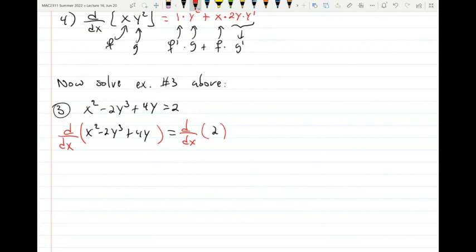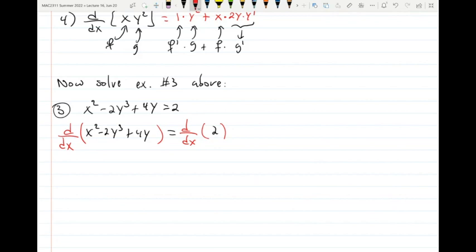Do you understand this? Now, the left side is an exercise like the ones that we have been doing. The right side is also an exercise. When you compute this, you're going to have another equation, with y primes in it. Then what you do is solve for y prime. If you cannot solve for y prime, and sometimes you cannot, you leave it like that, and then we say it's in implicit form. But typically you can solve for y prime.